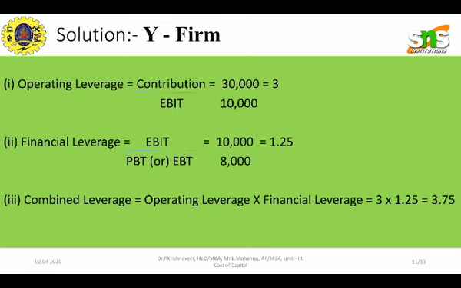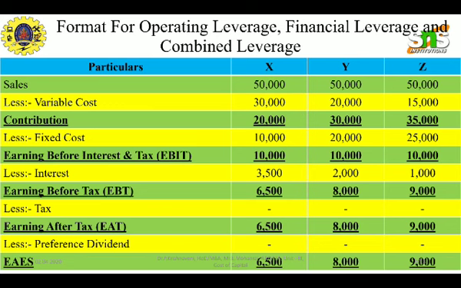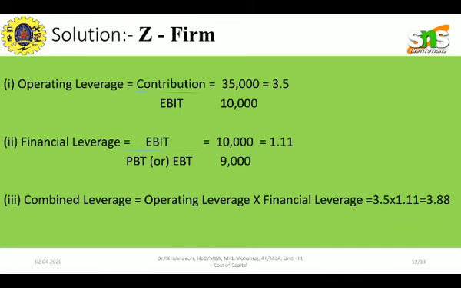That is equal to 3.75. Then the final one is Z firm. Operating leverage is equal to contribution divided by EBIT. Contribution is 35,000, so 35,000 divided by 10,000 is equal to 3.5. Then financial leverage is EBIT divided by EBT.